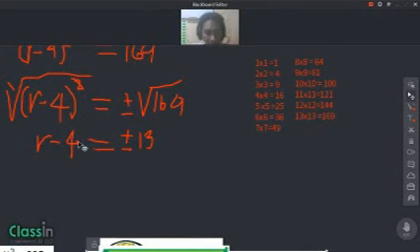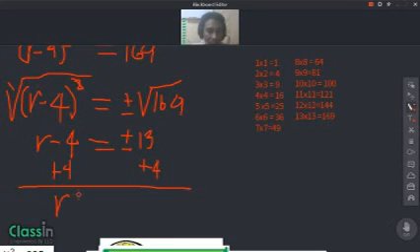Okay, so we will now apply here addition property of equality so that we can solve for r. Since it is negative, we will add positive 4 to cancel out 4. Then here also we add positive 4. So this will become r equals positive or negative 13 plus 4.